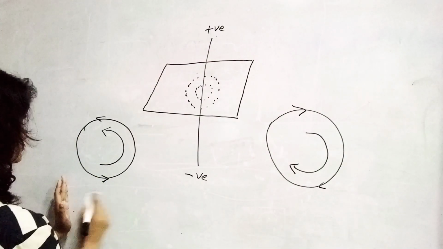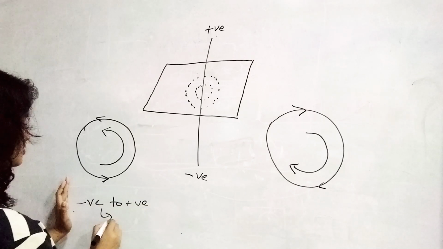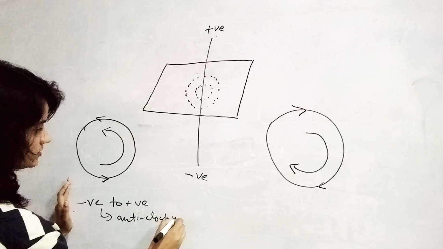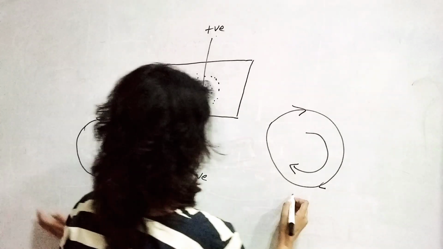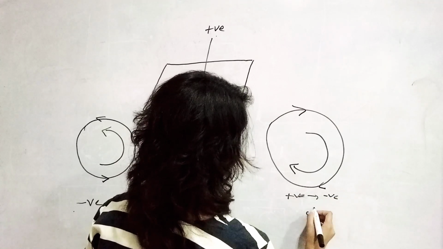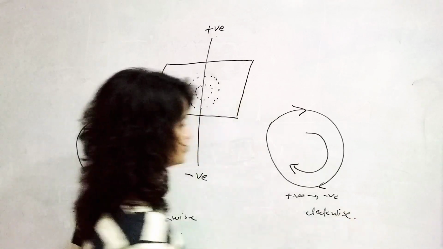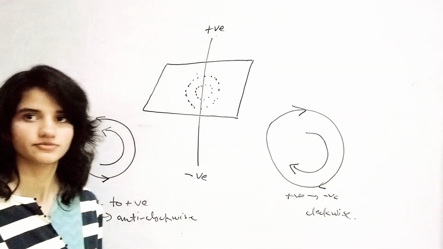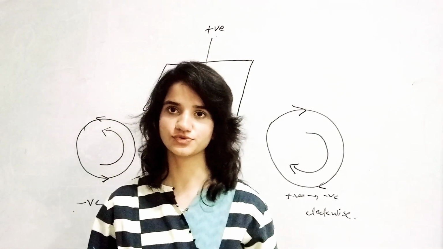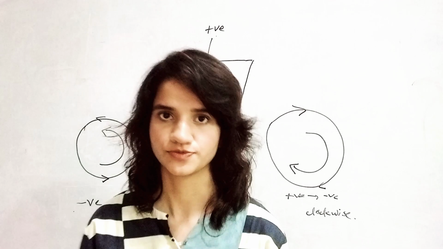So this is the side from negative to positive, anti-clockwise, and this is the side from positive to negative, which is clockwise. This is a point to remember, and you should not forget it because it is really necessary and important for SCQs and MCQs and finals and in UHS exams and even at your college.